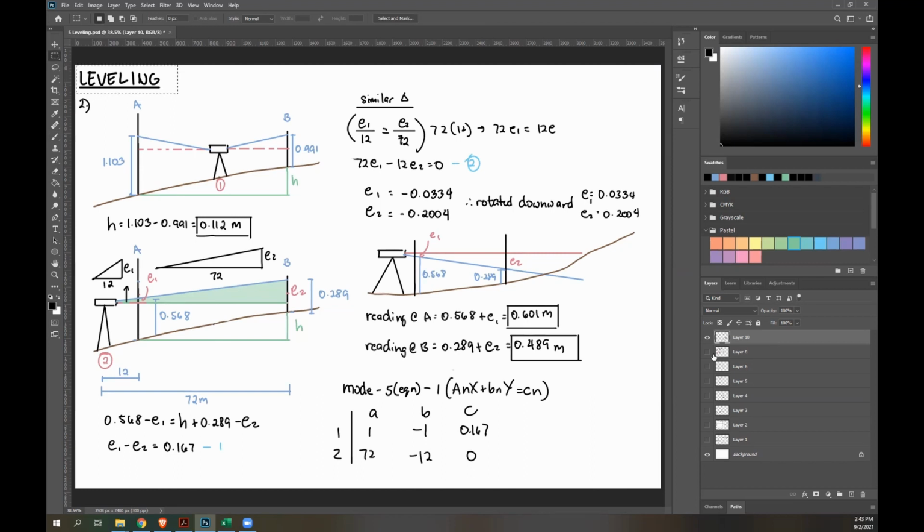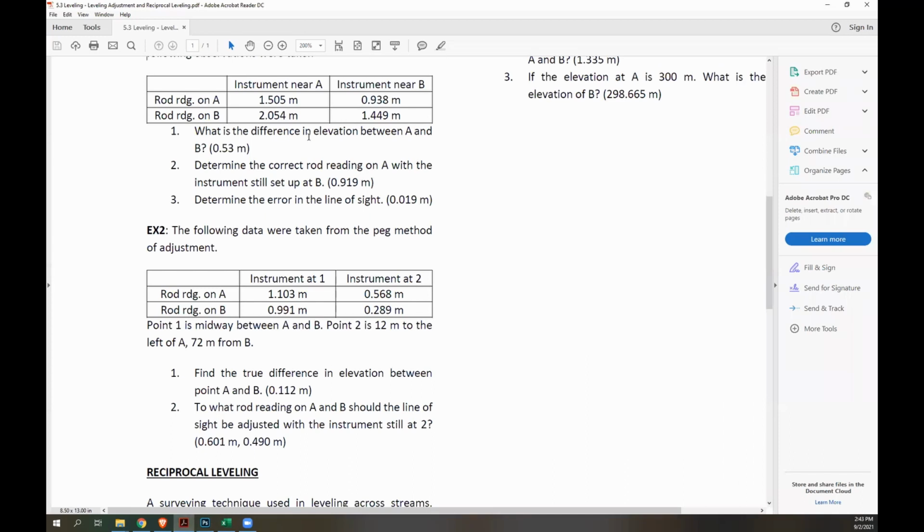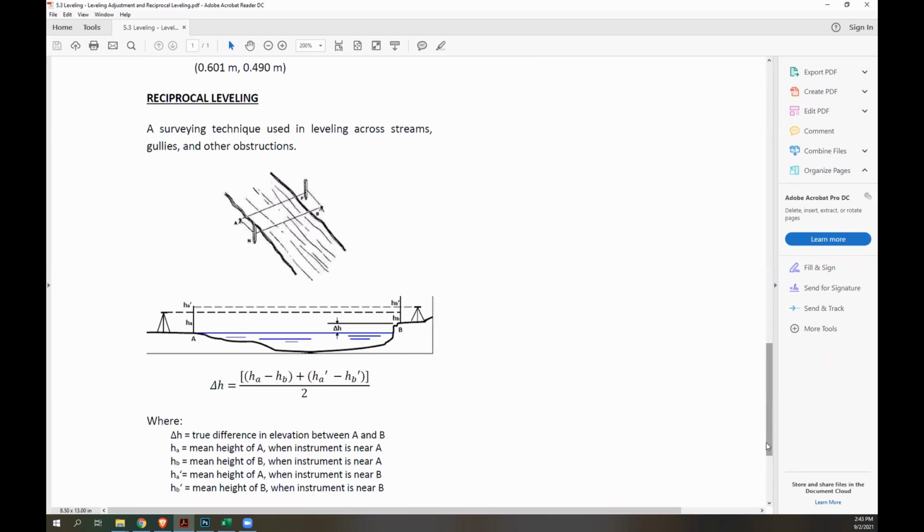Okay, since no questions, let's have the last topic for leveling, which is reciprocal leveling. Reciprocal leveling is a surveying technique used in leveling across streams, gullies, and other obstructions. For example, you have a river here and you want to get the difference in elevation of these two.